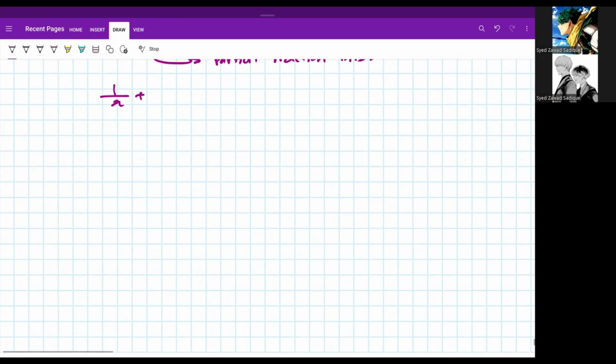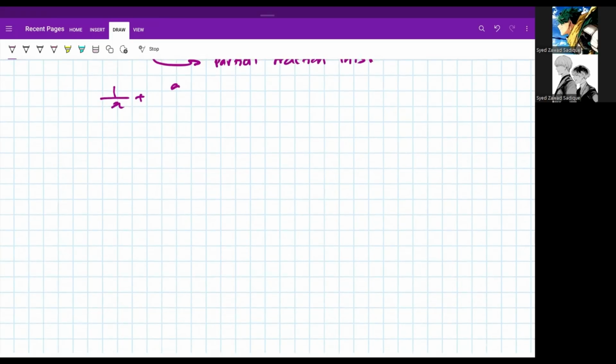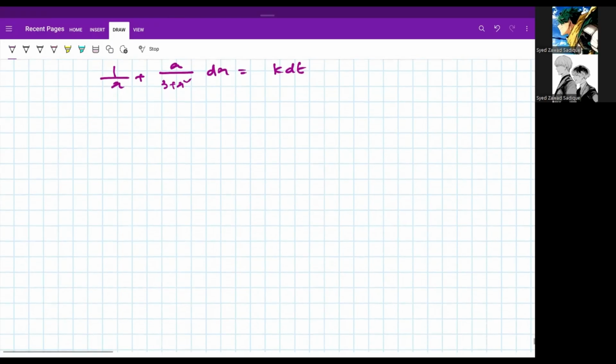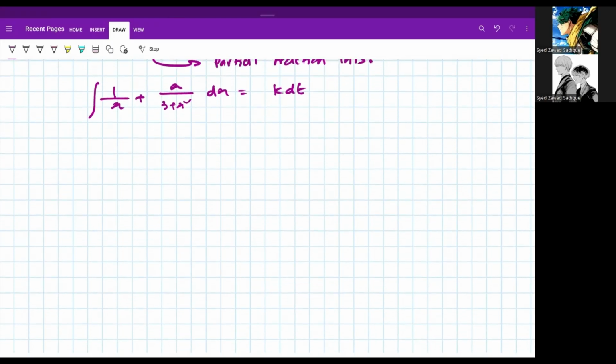So okay, partial fraction this, you'll get (1 by x plus x by 3 plus x squared) dx is equals to k dt. So integration.